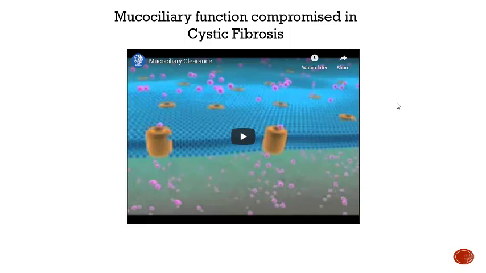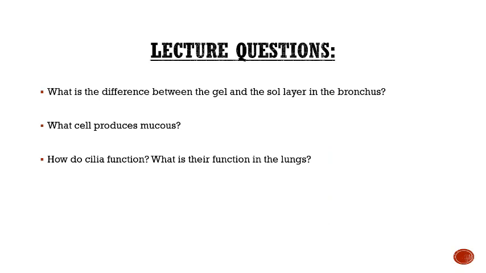You guys will not be responsible for knowing the sodium channels and all the biochemistry behind this. But I just think cystic fibrosis patients are a large part of our patient population that we treat, and this is a chronic issue that they have. So I just included this because it really drives home the point of the importance of this.